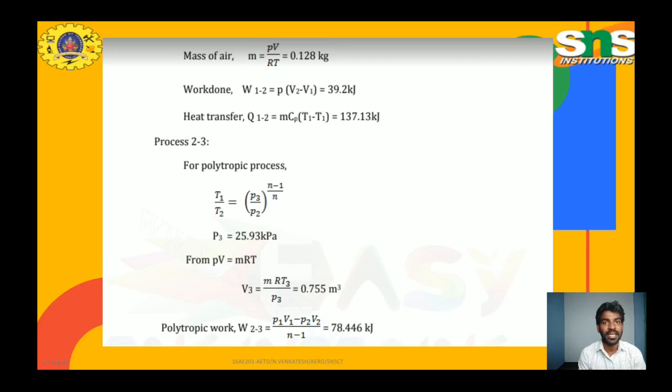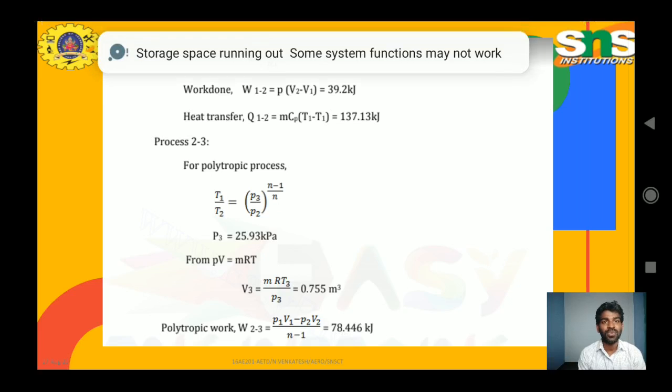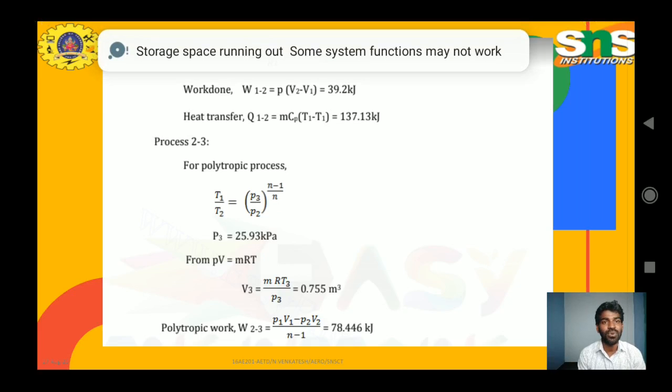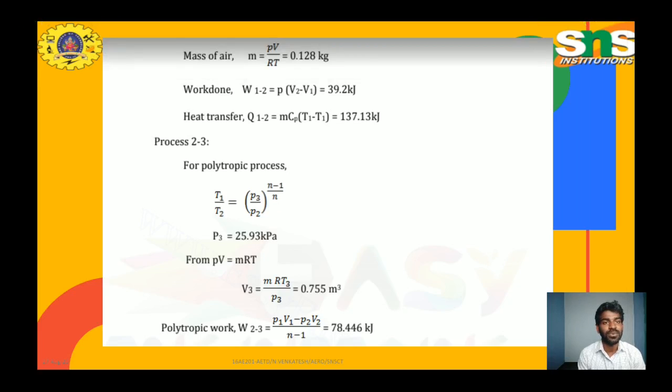And the next one is heat transfer, Q equal to m Cp (T1 minus T2). So substituting all these values from our given data, Cp is the specific heat at constant pressure. We substitute all these values, and finally we get 137.13 kilojoule.